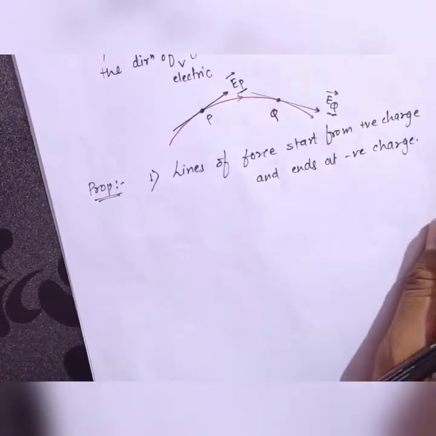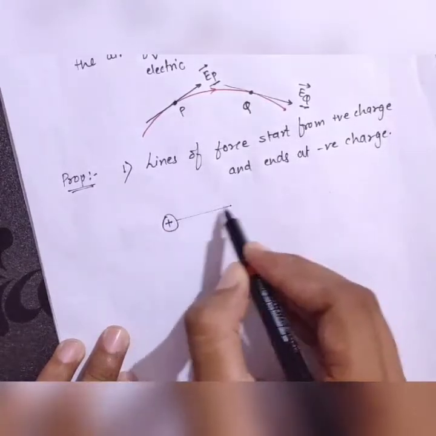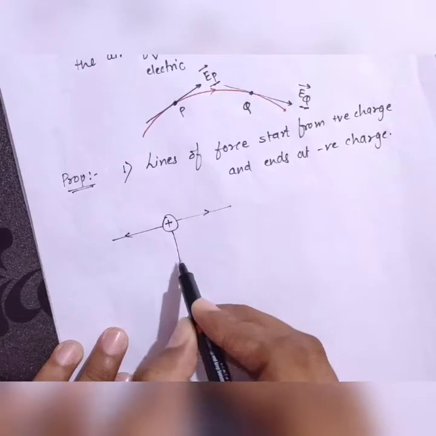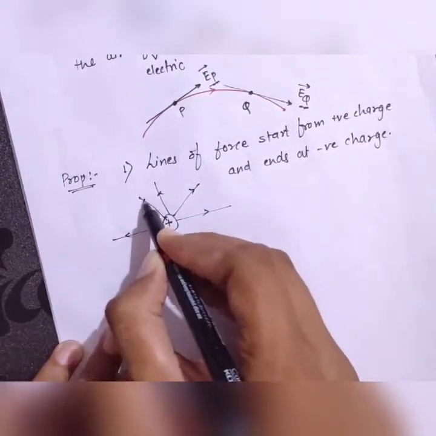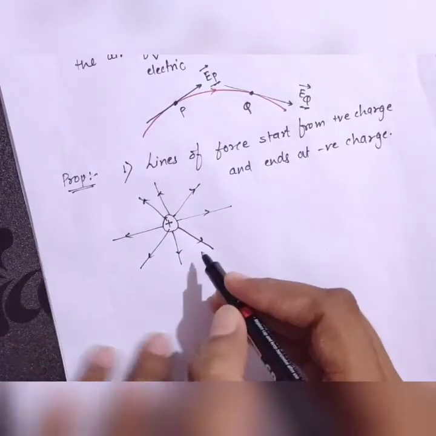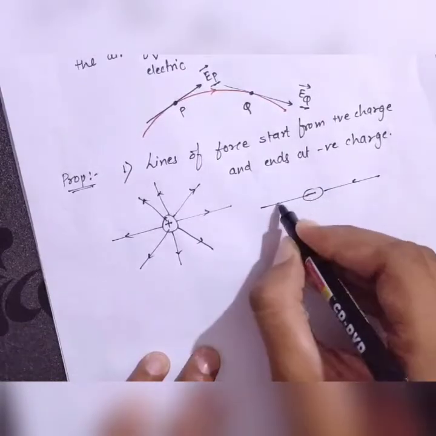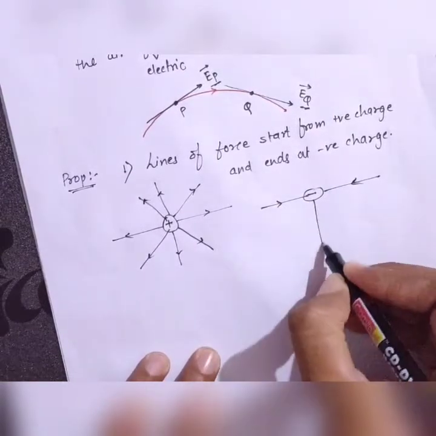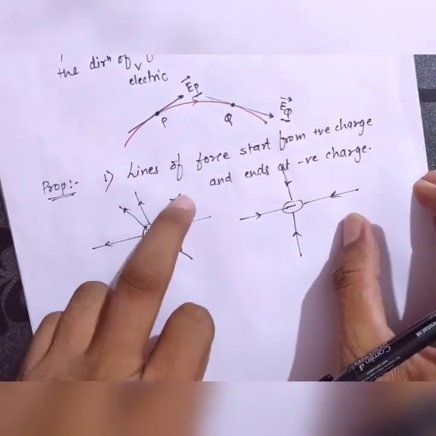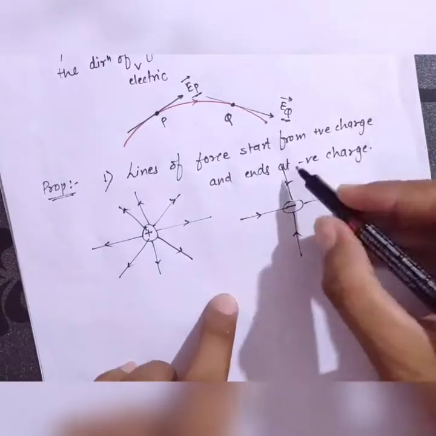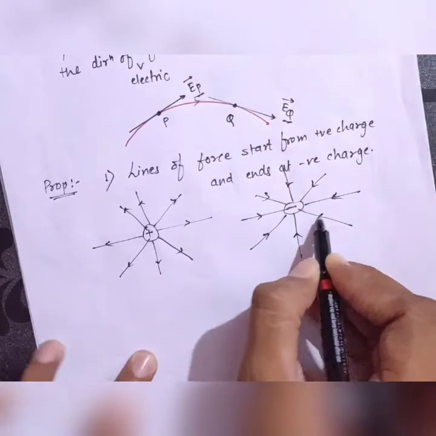So if we have a single positive charge, the lines of force start from here in each and every direction. This is the electric field lines for a positive charge, and for a negative charge, this is the electric field lines. The arrow is towards the negative charge because, as we wrote down here, the lines of force start from a positive charge and end at a negative charge. So this is the representation for a negative charge.